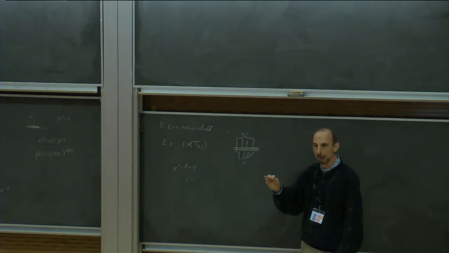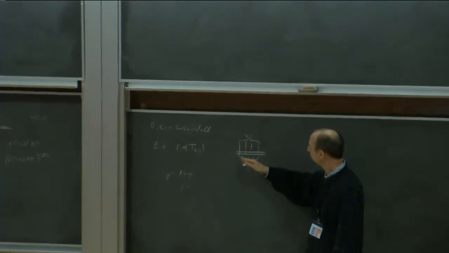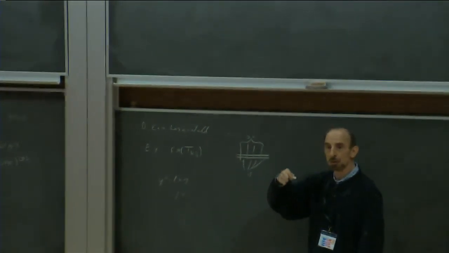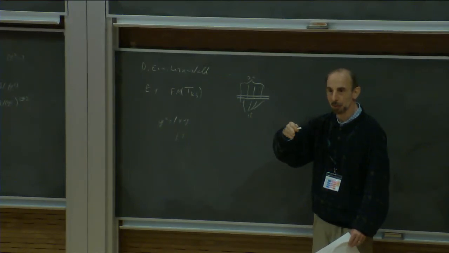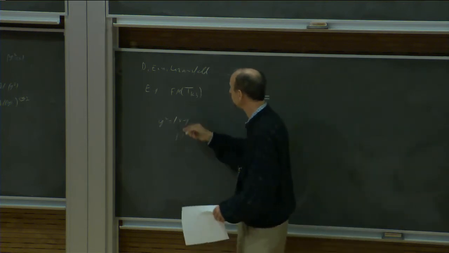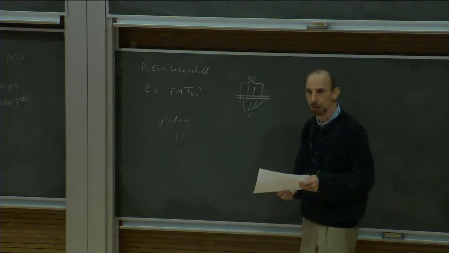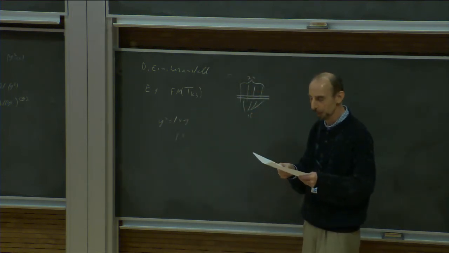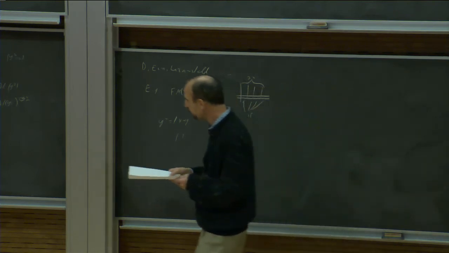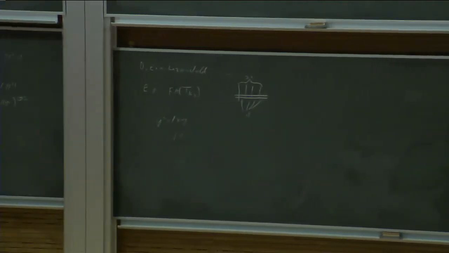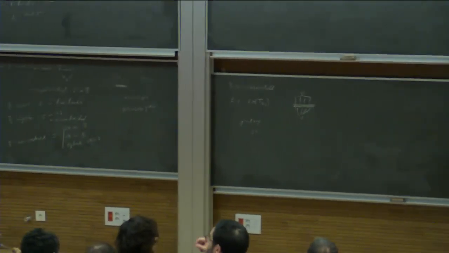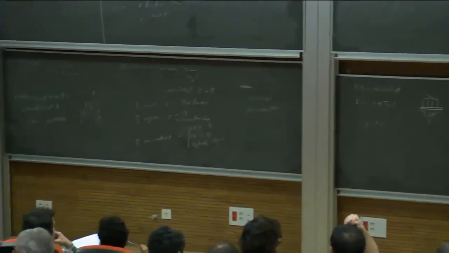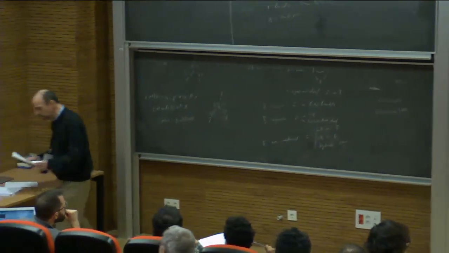You look at the period map, the map from the base to the moduli of elliptic curves, and you look at the ramification points of that, the points where the Kodaira-Spencer map vanishes. And those are those 18. So you get a fairly rich structure even in familiar cases. Okay. So this was worked out in the paper by Aspinwall, and then appeared again in one of the papers by Martin.